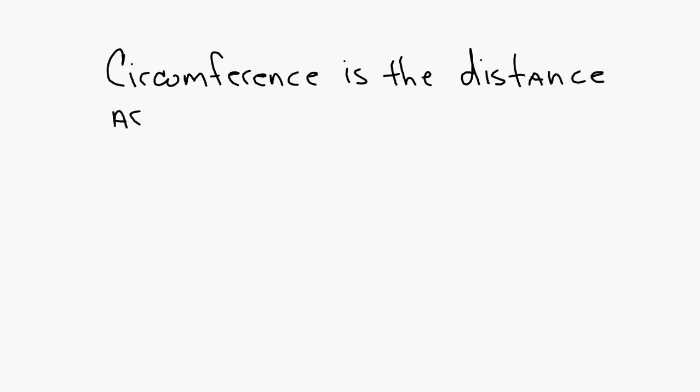Circumference is the distance around a circle. Let's write some formulas. Circumference is equal to pi times the diameter.